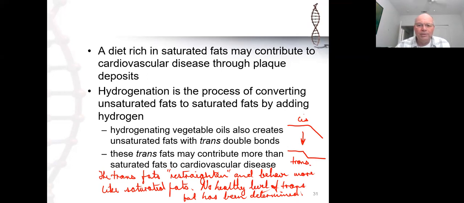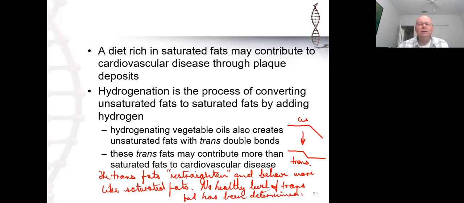And we don't know what a healthy consumption of trans fats is because trans fats are synthetic, they're artificial. They don't occur naturally in our food. And so what has been determined is that the recommendation is as little trans fat as possible, preferably zero.